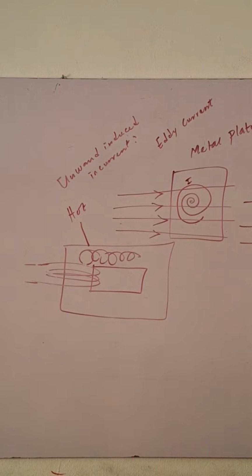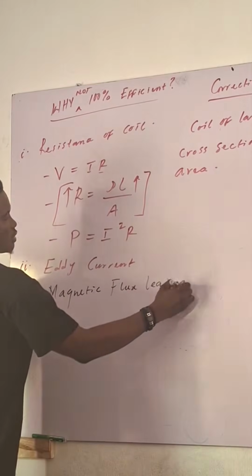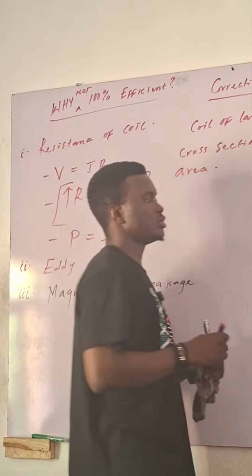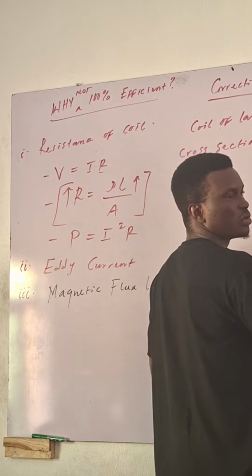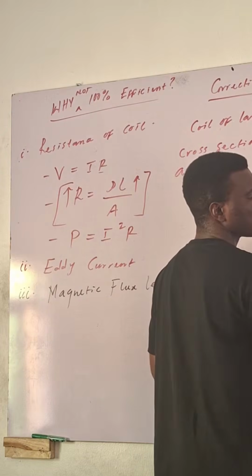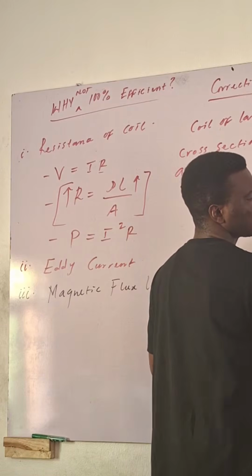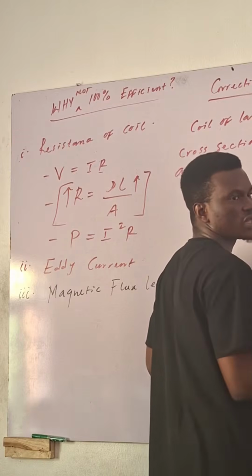Another one is called magnetic flux leakage. That can also affect the efficiency of a transformer. You remember when I told you the other time, I said all the flux coming out from here should be entering the next one through the metal. But what if not everything is entering? There are some parts that will not enter.